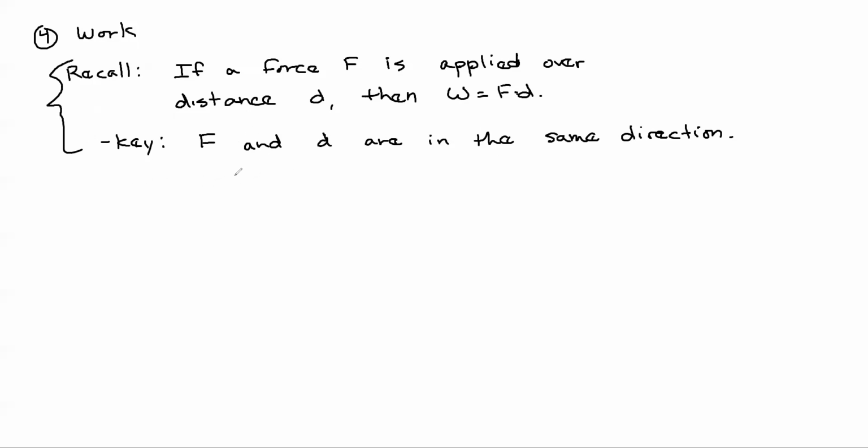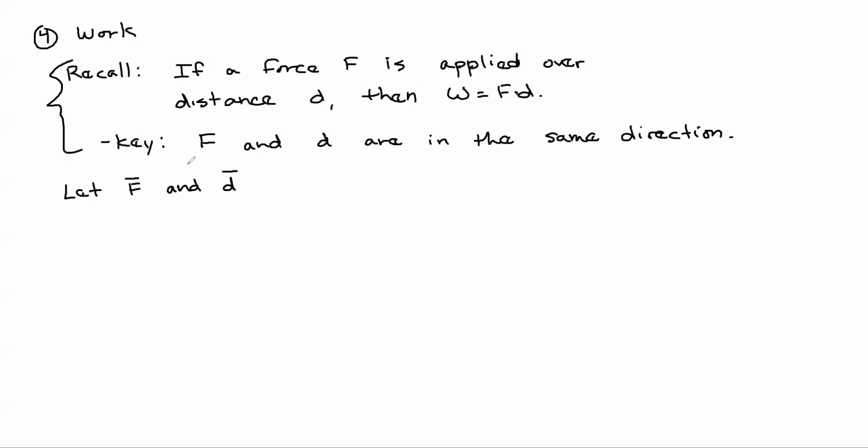Okay, so now what we're going to look at in terms of dot products is we're going to say let F and D not be in the same direction. So let's say we've got vector F that represents a force and vector D, which represents movement, and they are not in the same direction.